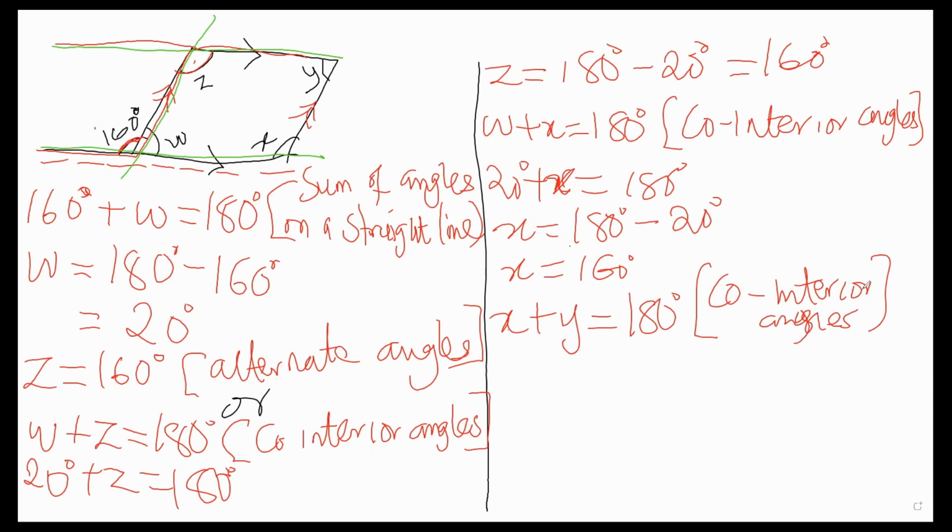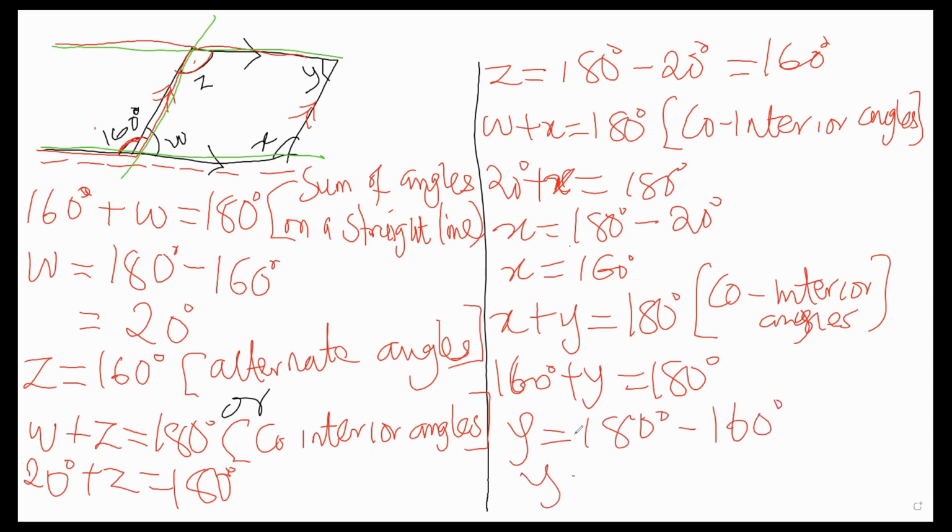So that means our X is 160. We have 160 degrees plus Y is equal to 180 degrees. Our Y is equal to 180 minus 160 degrees. Our Y is going to be equal to 20 degrees, which is the value of our W.